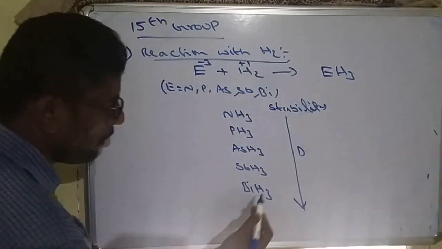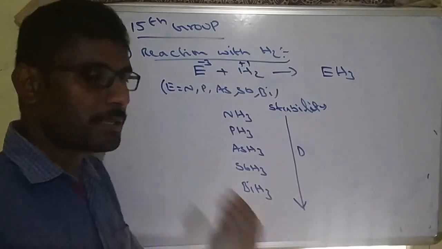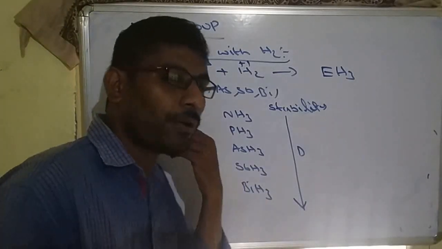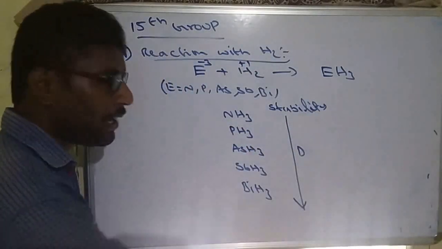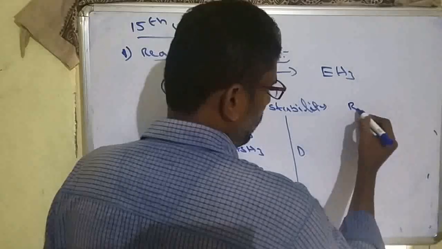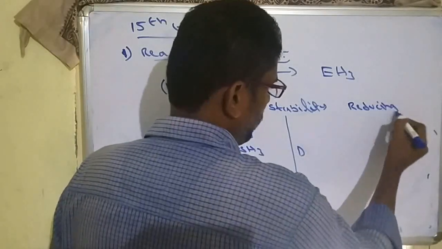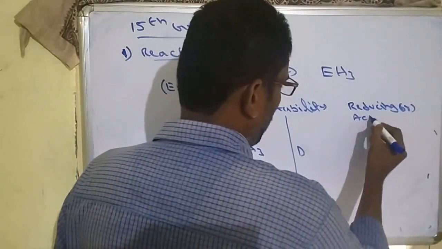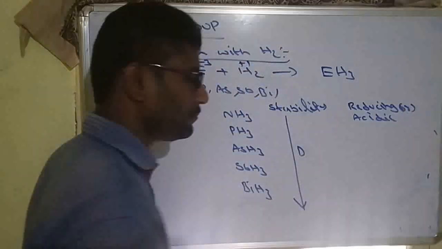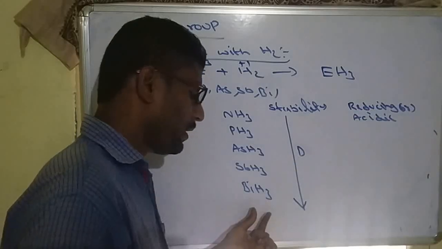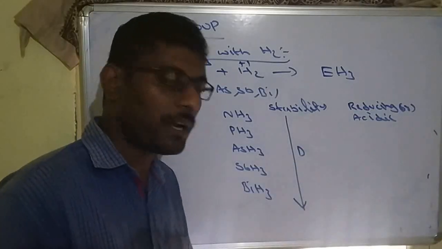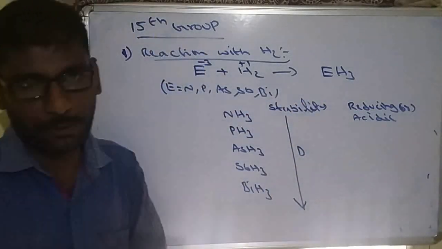So that means bismuth hydride is less stable. That means it cannot hold hydrogen. It will lose hydrogens. When it is losing hydrogen, that property is called reducing or acidic nature. What does reducing mean? If anything is donating hydrogen from the central atom, that is called a reducing agent.